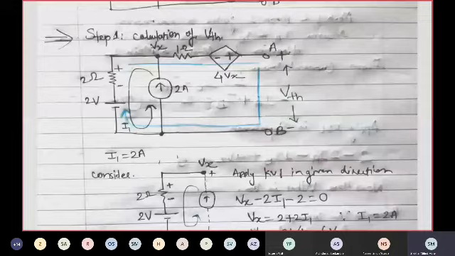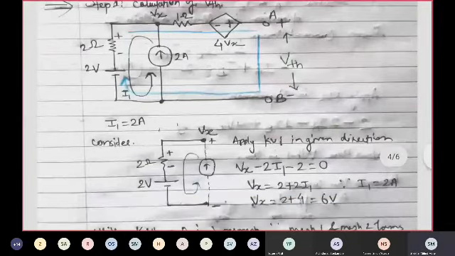Vx can be, because Vx is parallel to this branch of 2 ampere and the branch of 2 ohm and 2 volt. So first we have to find VTH. For finding VTH, we need to apply KVL in that blue colored line. In that way we have to apply KVL.